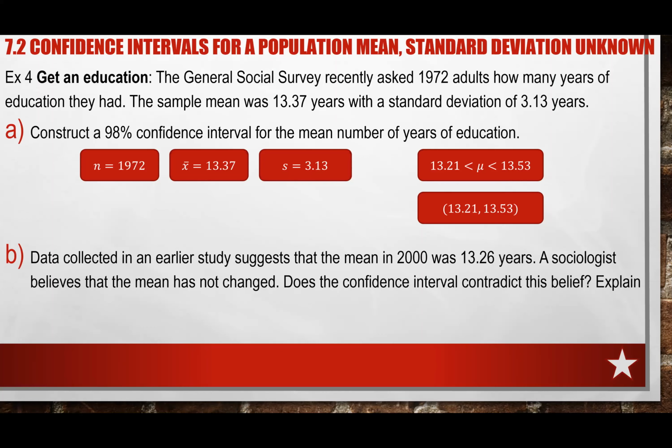And for part B, they ask: the data collected in the earlier study suggests that the mean in the year 2000 was 13.26. A psychologist believes that the mean has not changed.